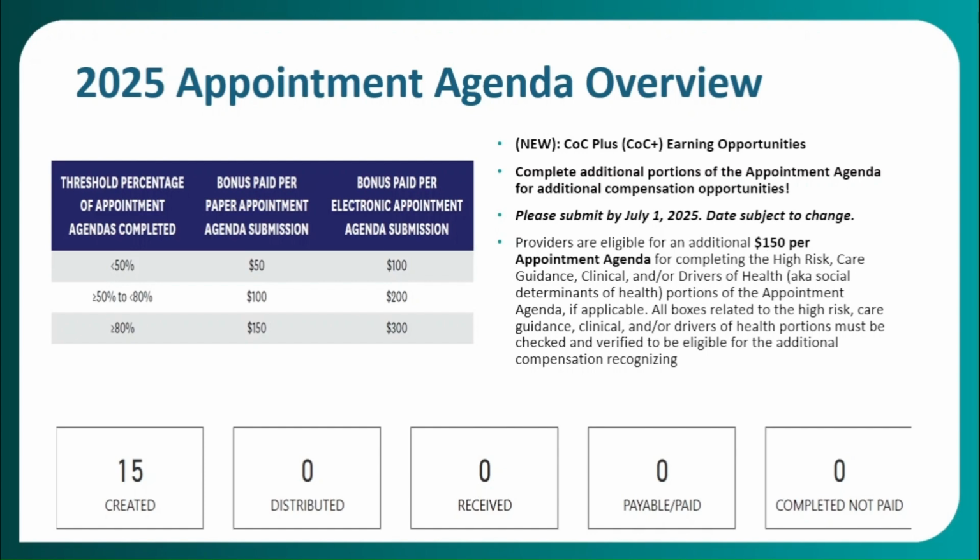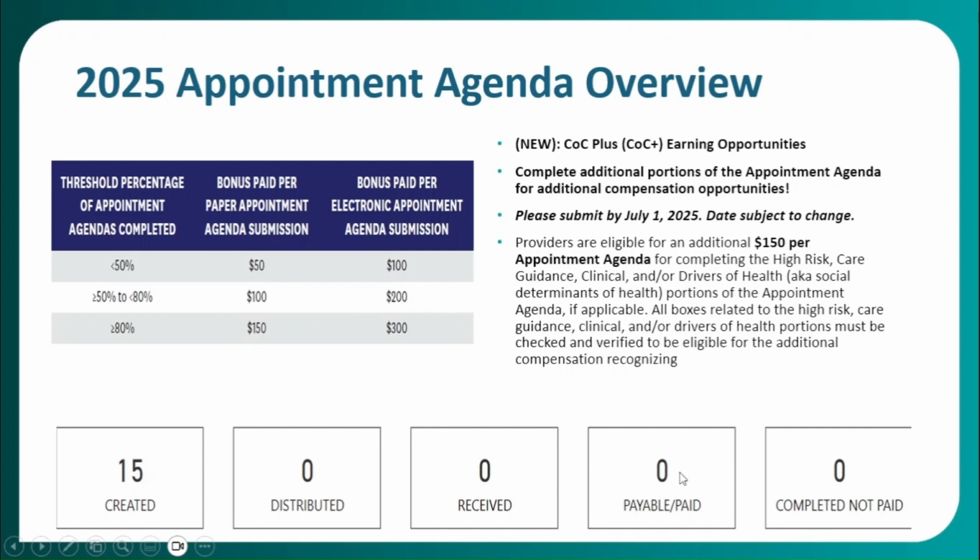Okay, if you know who these 15 patients are and your practice can put a system in place or put these 15 patients on priority, then you can easily capture this 6K plus dollars within 2 weeks. Yes, you can. And here at the bottom, we see other statuses as well, which are distributed, received, payable, paid, completed but not paid.